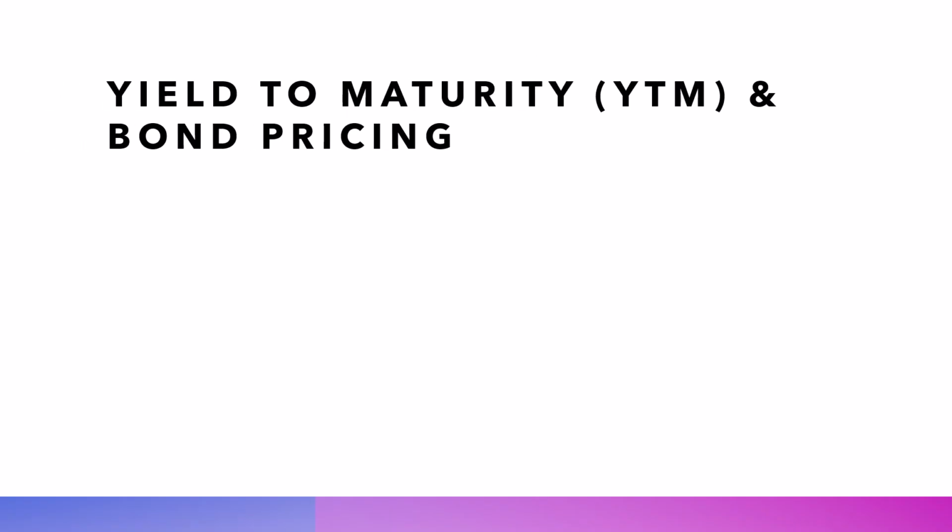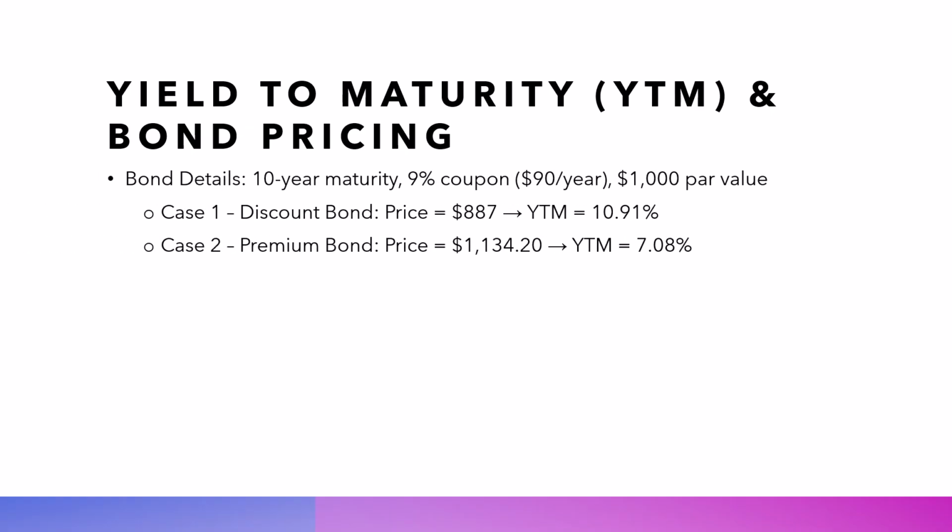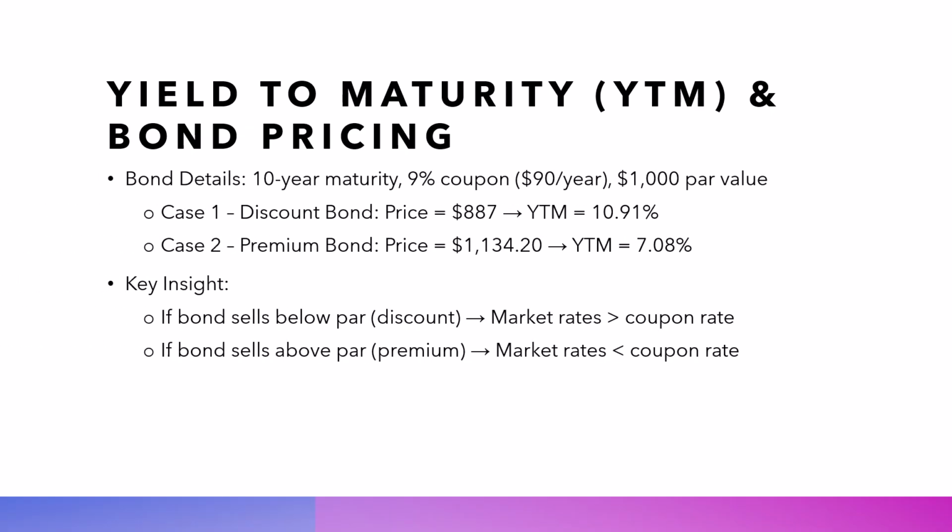And this slide shows yield to maturity and bond pricing. The bond is a 10-year maturity, 9% coupon, which is $90 per year, and $1,000 par value. Case 1.